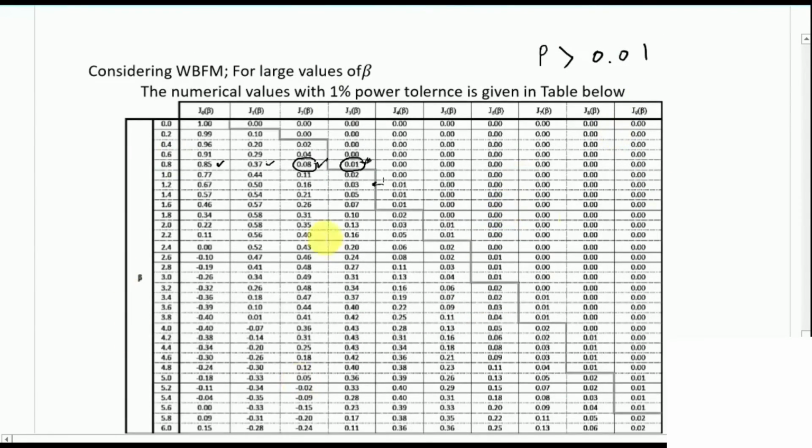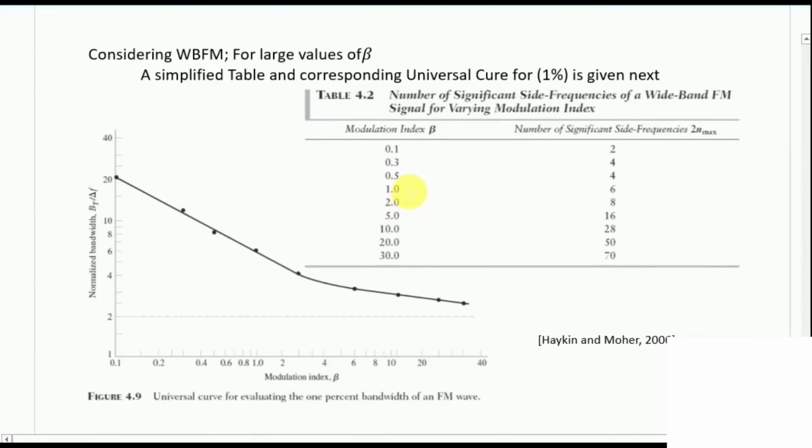Furthermore, this whole table is just simplified in terms of some key points. That is modulation index beta, we have 0.1, 0.3, 0.5, 1, 2, 5, 10, 20, 30, right? And then number of significant side frequencies, 2 n max.